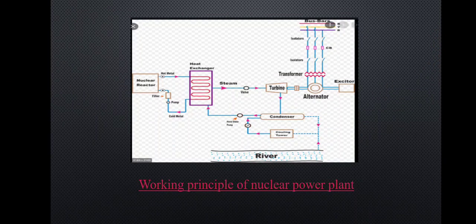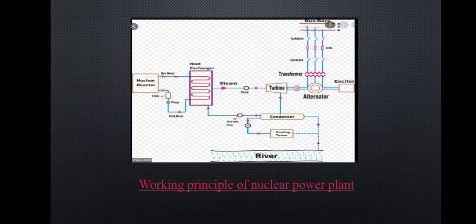Let's see the working. Elements like uranium and thorium are subjected to the nuclear fission reaction in the nuclear reactor. Because of this fission, a huge amount of heat energy is generated and it is transmitted to the reactor coolant. Here the coolant is nothing but water, in liquid or otherwise gaseous form.